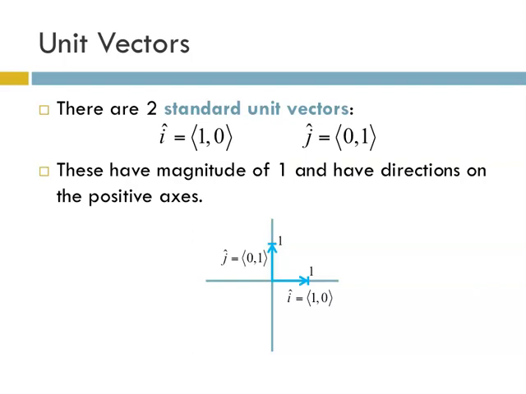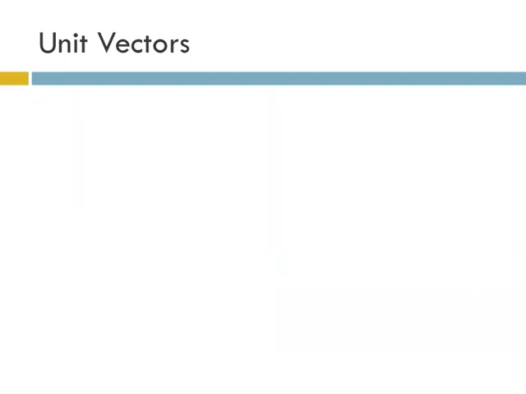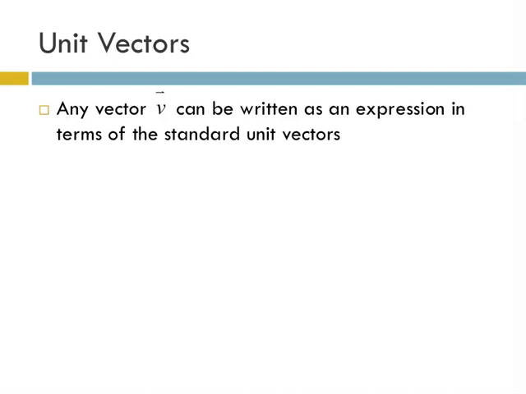Now, another thing that we'll talk about in terms of notation. Let's use our knowledge of operations on vectors and see if we can rewrite vectors using what we call standard unit vectors. So any vector v can be written as an expression in terms of the standard unit vectors. So let's say you have a vector v and it has components a and b.